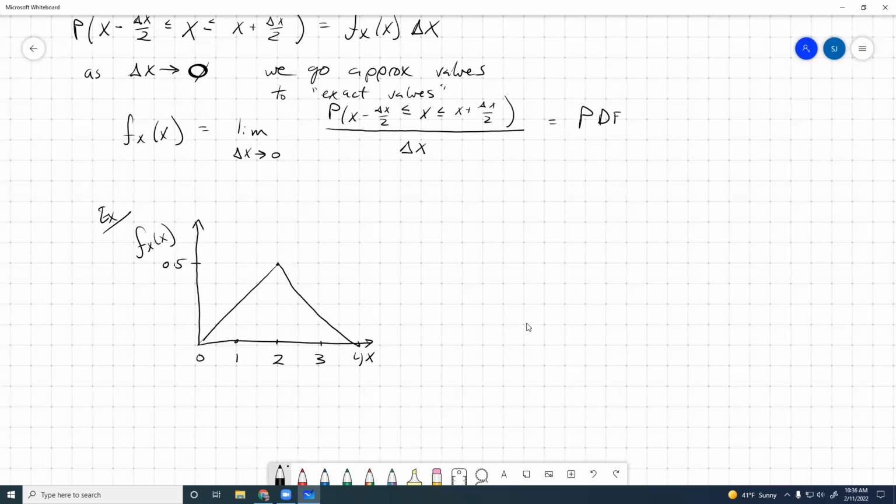We go down to 4. And we will define this function mathematically. The probability density function is equal to x over 4 between 0 and 2, not including 0 but including 2. And then it's equal to 1 minus x over 4 for 2 all the way up to 4. So it's just a two-part function.